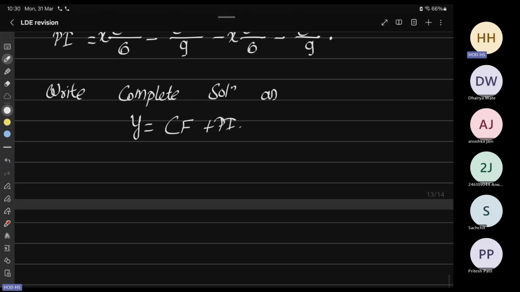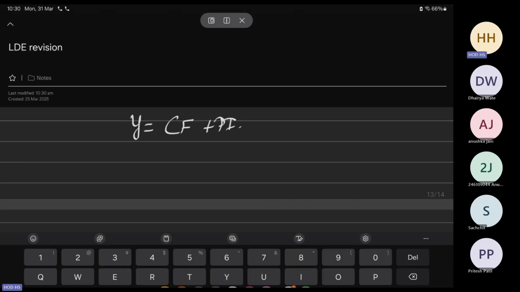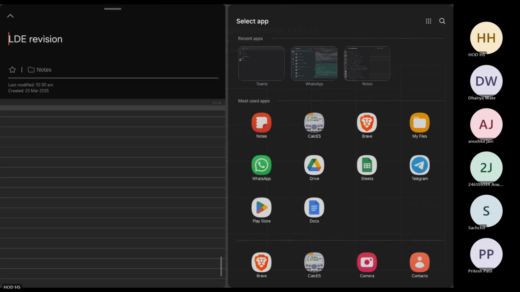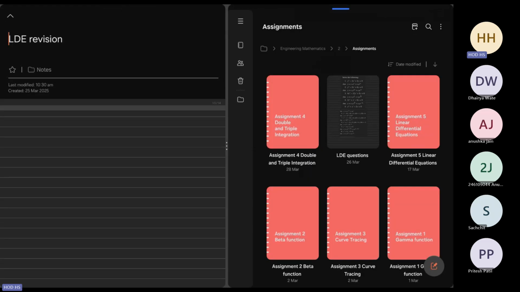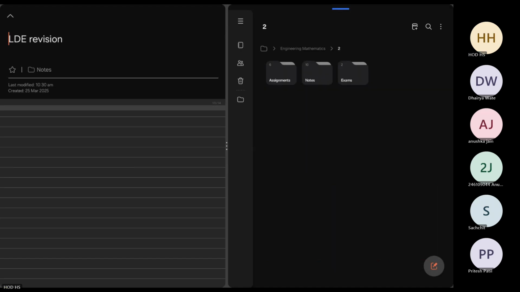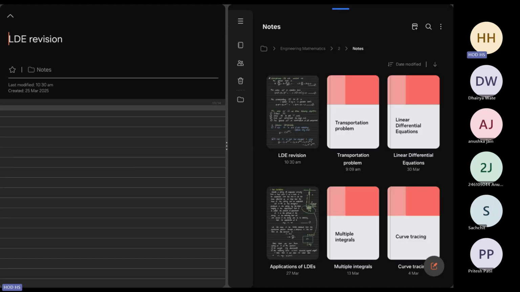So for the last example, I guess I said I'll be taking an example from the previous slide or from the notes, which was given as a homework. So I'll just copy that part.